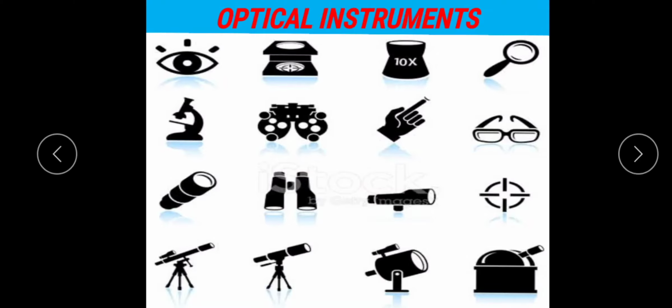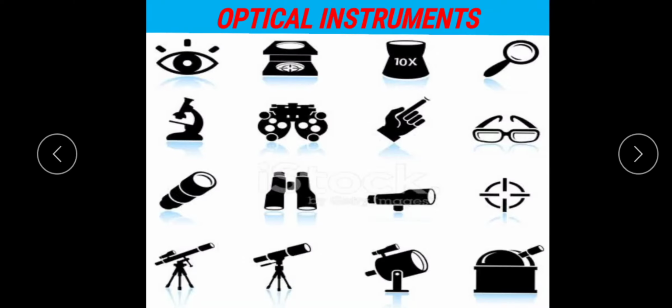To observe and examine in detail, we need to use some devices or instruments, which are called optical instruments. These devices are designed using the phenomenon of refraction, and the properties of mirrors or lenses.